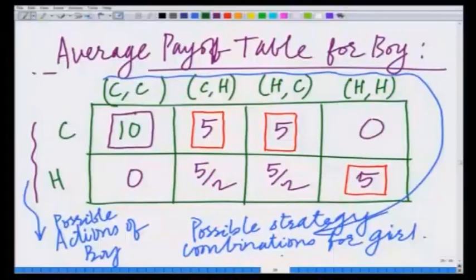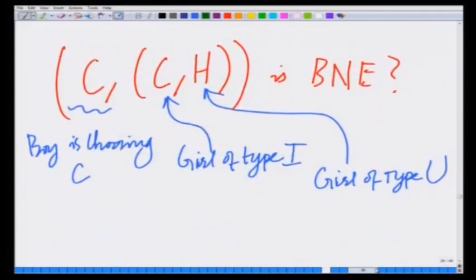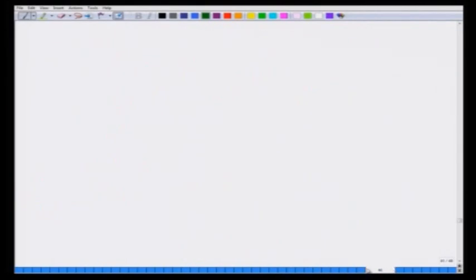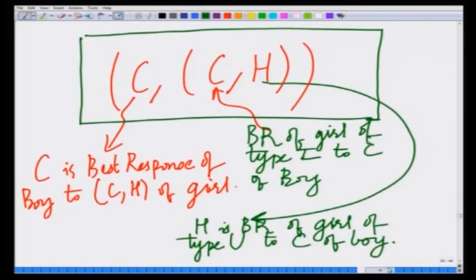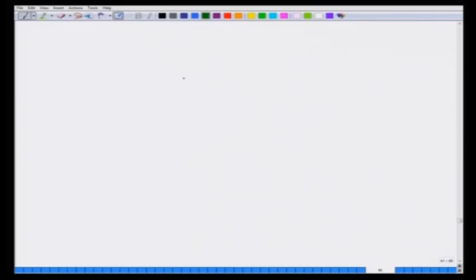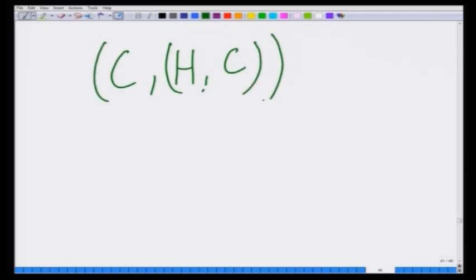Let us consider the rest of the scenarios. For instance, if we look at H comma C of the girl, the best response of the boy is C. So, if the girl is using H comma C, C is the best response of the boy.